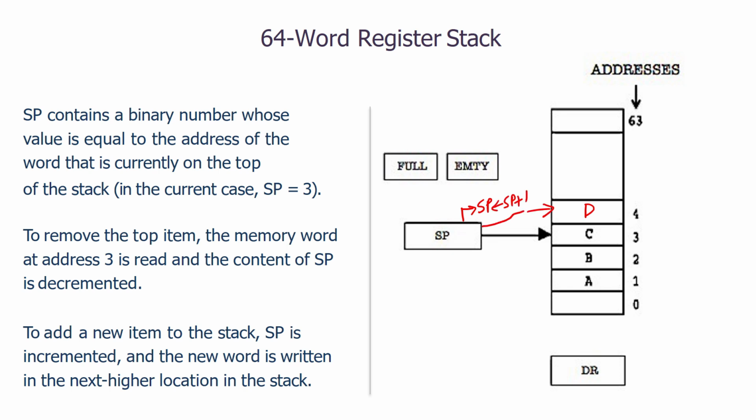It will be pointing to 4. So that will be my new SP. If I pop, then my SP will be SP equal to SP minus 1 in this case. So SP will be 2.